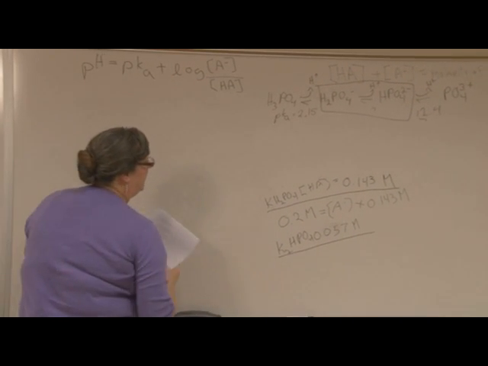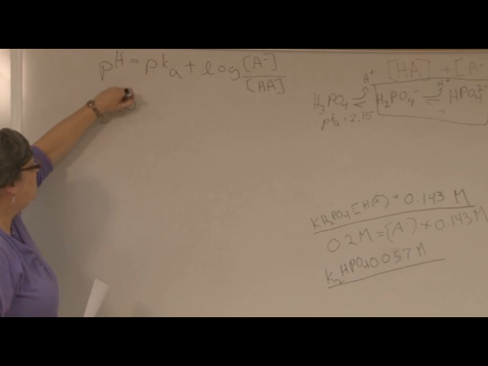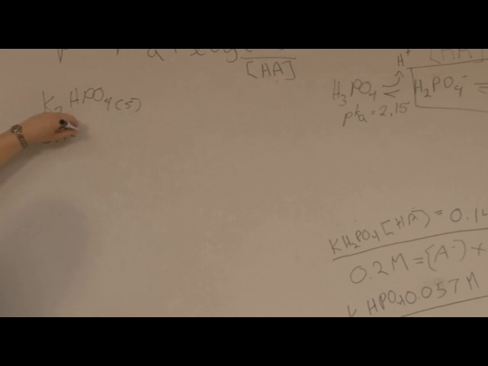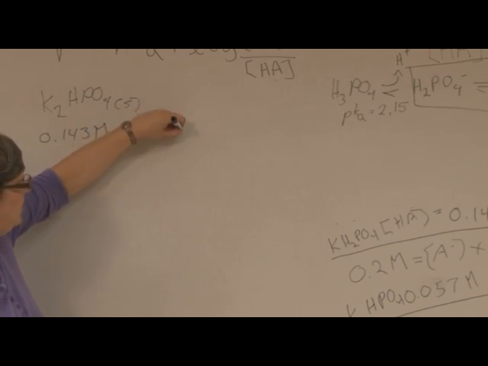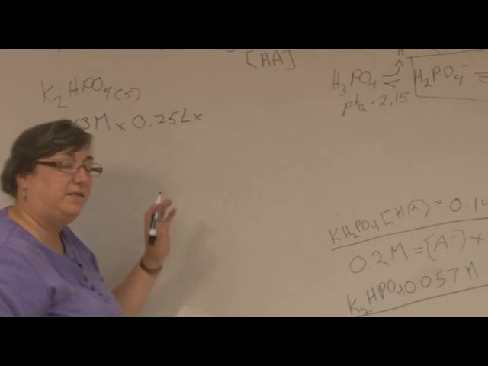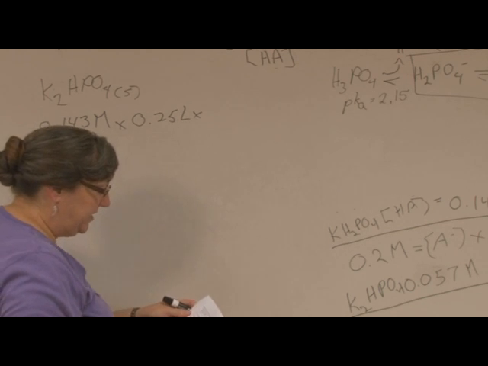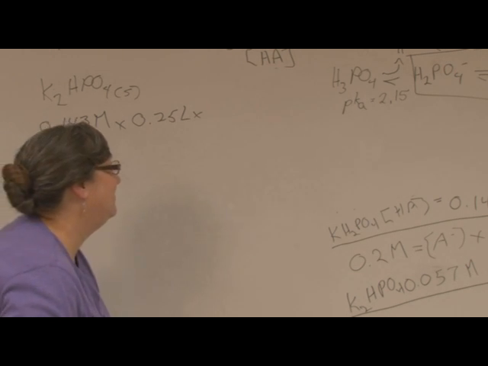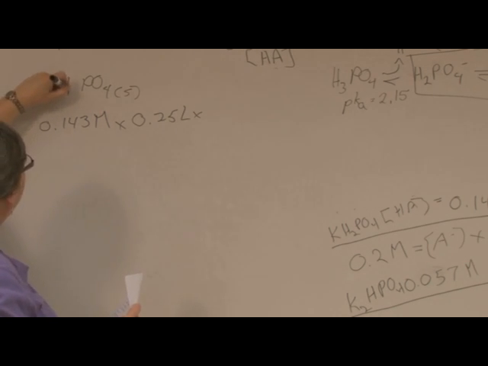And now I'm going to say for the monobasic form, KH2PO4, which is a solid, I have 0.143 molar times the volume, which was 1/4 of a liter, so 0.25 liters, times, since it's a solid, I want to have my grams, and I gave you the molecular weight of the fully acid, the acid form.